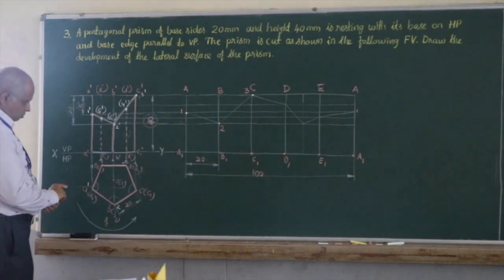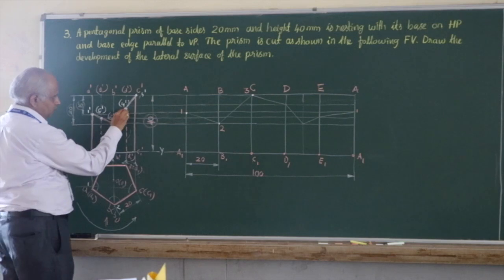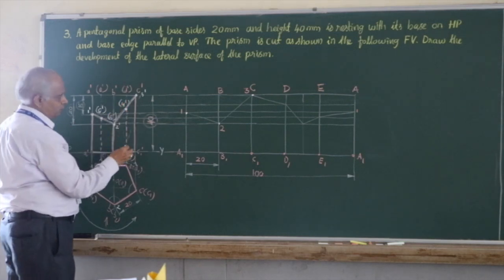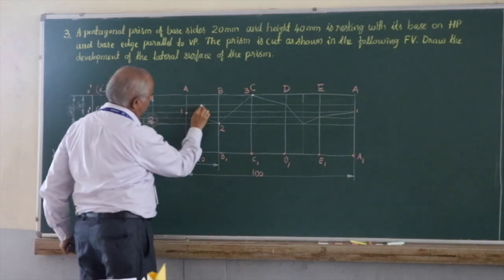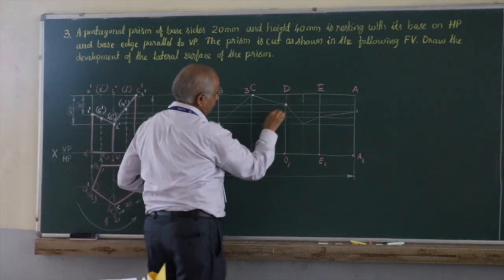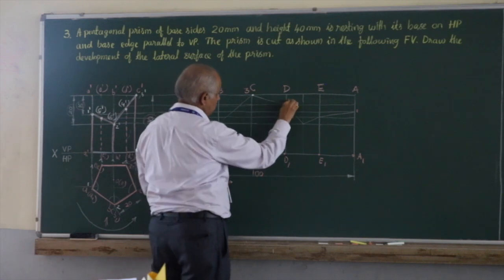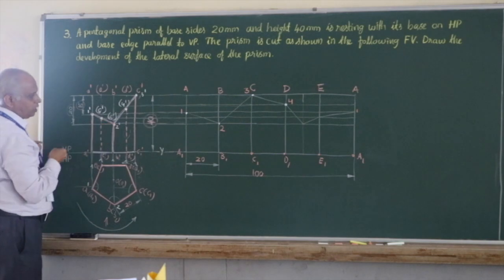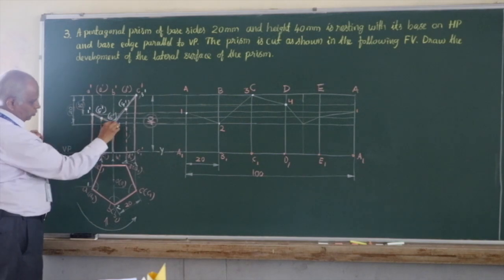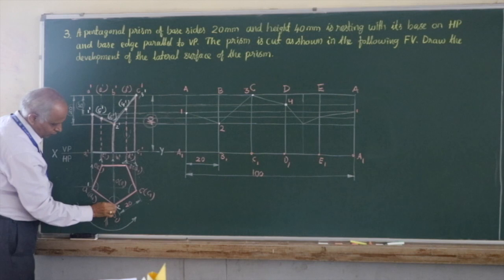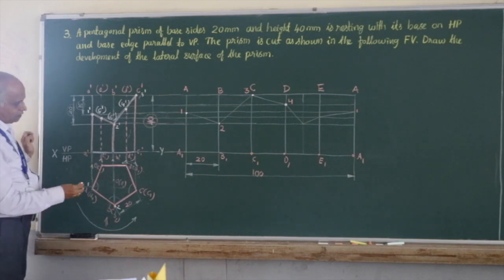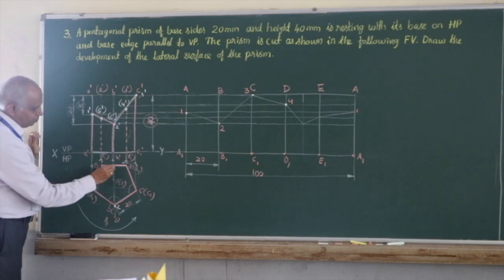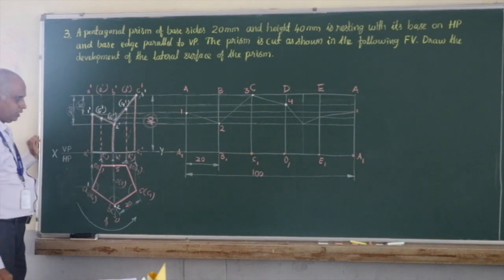Now coming back, section point 4 is on DD1, which is invisible here, of course. So when you project this onto DD1, you get section point here as 4. But section point 5 is not on any vertical edge. 2, if you look at here, is on the front vertical edge BB1. Whereas section point 5 is not on the vertical edge, but it is on the midpoint of this here.